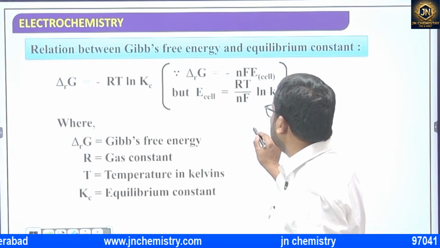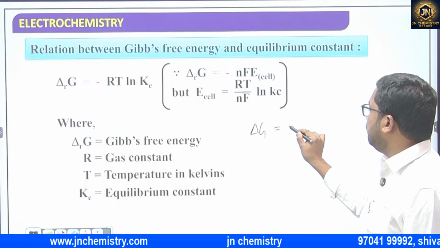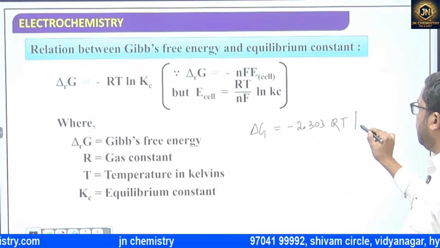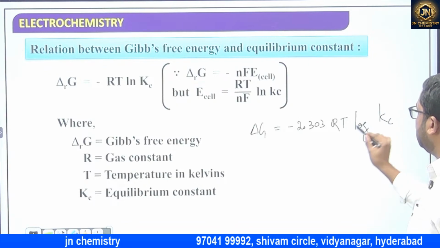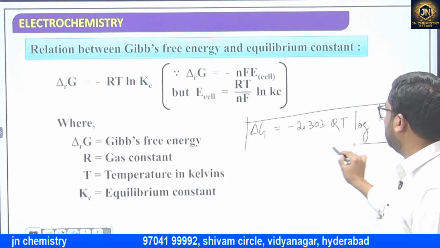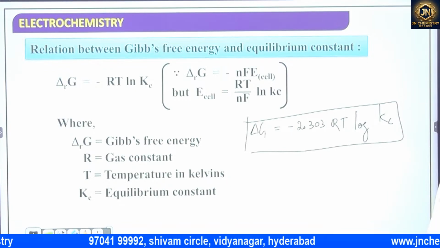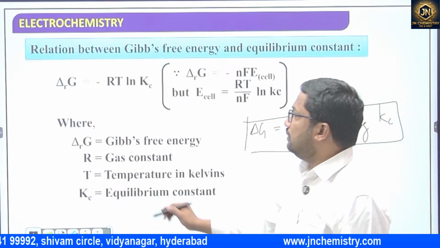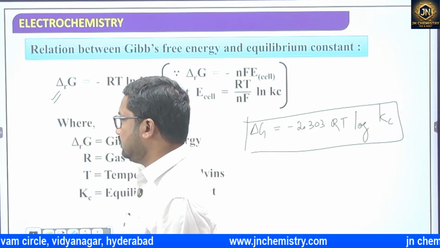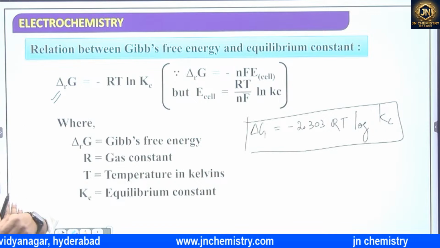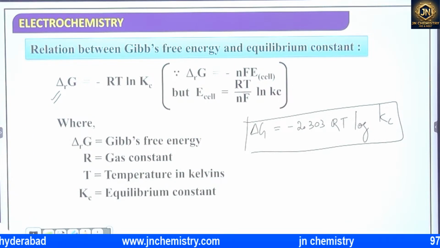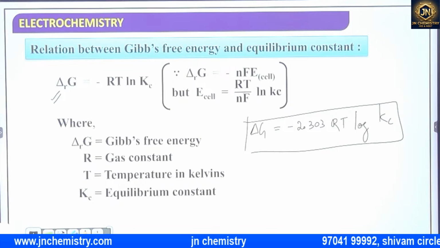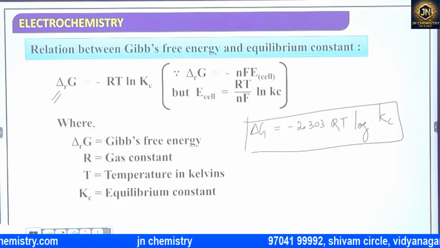Delta G is equal to minus 2.303 RT log Kc. Gibbs free energy, gas constant, temperature and equilibrium constant. Very, very important.